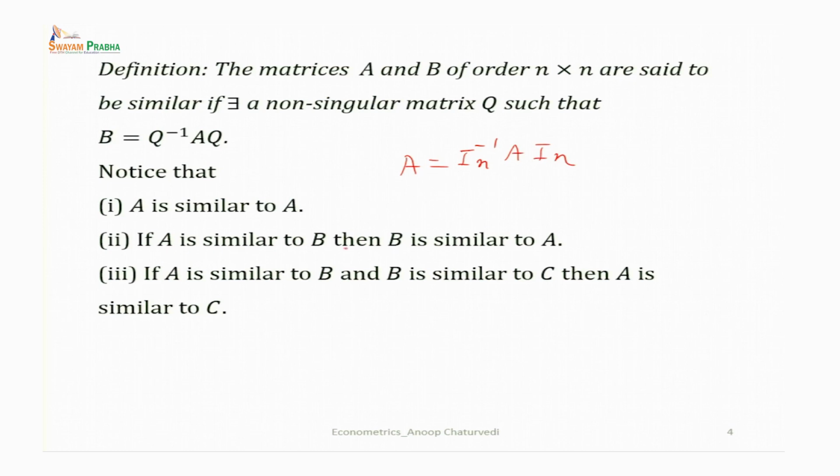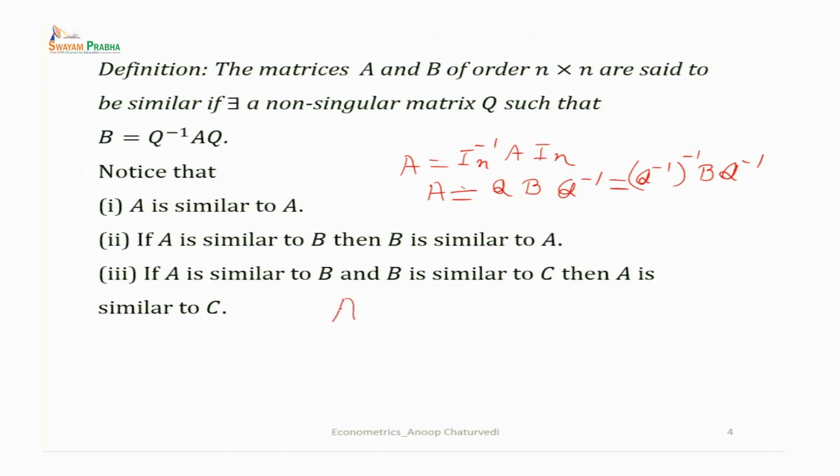Then if A is similar to B, then B is similar to A, because you can write A as Q B Q inverse, or Q inverse inverse B Q inverse. So, B is also similar to A, and you can easily verify that if A is similar to B and B is similar to C, then A is similar to C.